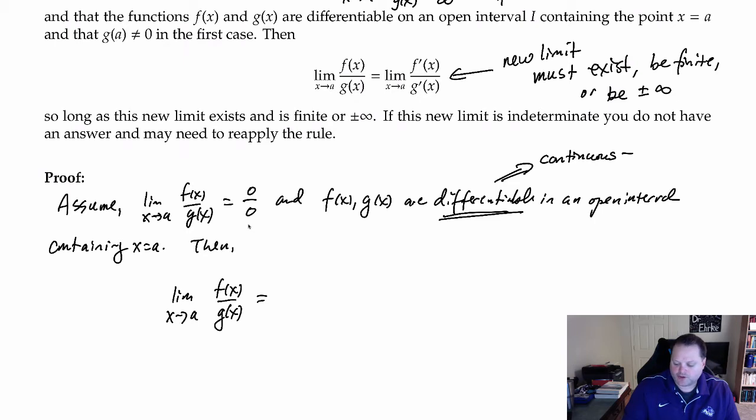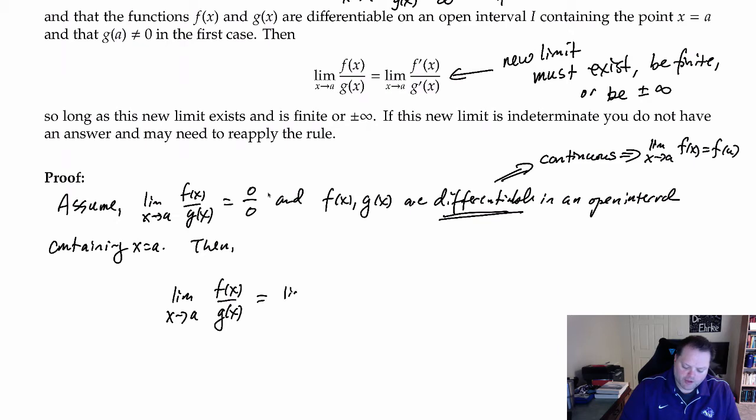And if we know the function is continuous, then that implies that the limit as x goes to a of f of x equals f of a. So we know that f of a is a defined value here, and that according to our assumption, the limit as x goes to a of f of a is 0. So f of a's value is 0. That's going to be important.